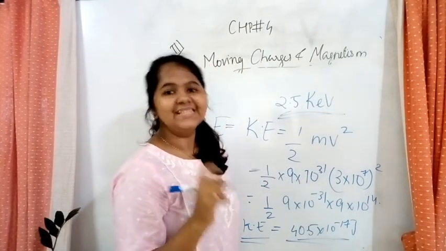So now let's see the second question. Question number 2. A coil of n turns and radius r carries a current I. It is unwound and rewound to make a square coil of side a having the same number of turns n. Keeping the current I same, find the ratio of the magnetic moments of the square coil and the circular coil.